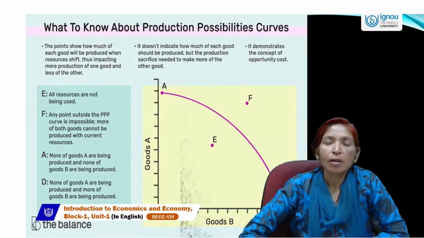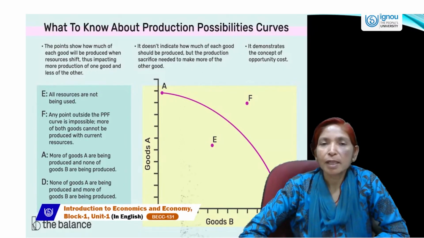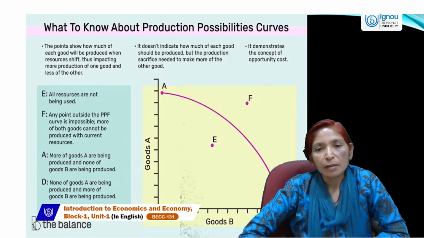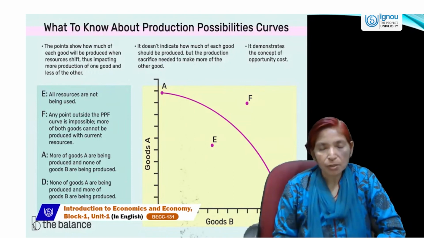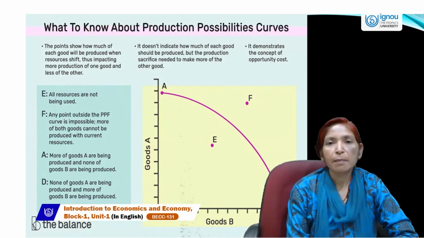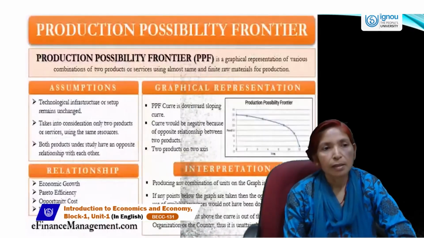Then PPC will be concave to the origin. If marginal opportunity cost is declining or diminishing, then the PPC curve will be convex to the origin. And if marginal opportunity cost is constant, then PPC will be a straight line. So the slope of PPC depends upon marginal opportunity cost.